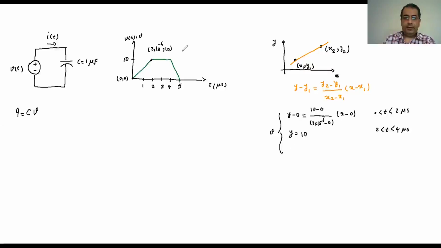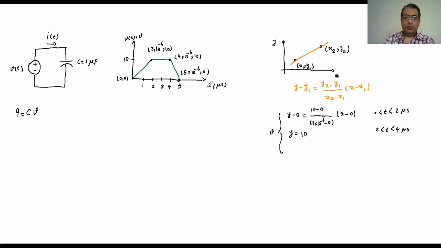And then again, the coordinate here is 4 times 10 to the negative 6, so x is 4, and it's going to be 10. And then the coordinate here is going to be 5 times 10 to the negative 6 and 0.